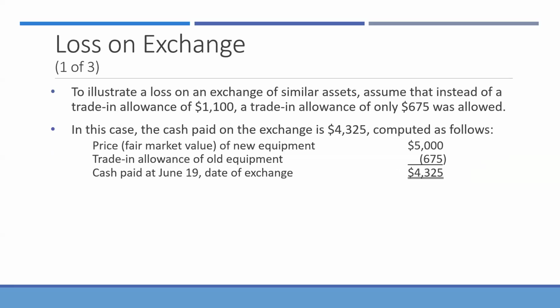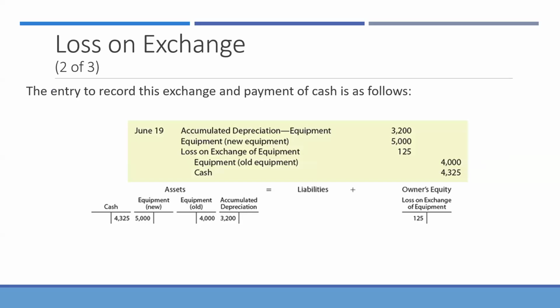We just went over this. Assuming that only a trade-in allowance of $675 was allowed, in this case, the cash paid was $4,325. That changes our journal entry. So we have more cash in our credit, and so to balance our debits and our credits, instead we have a loss of $125.